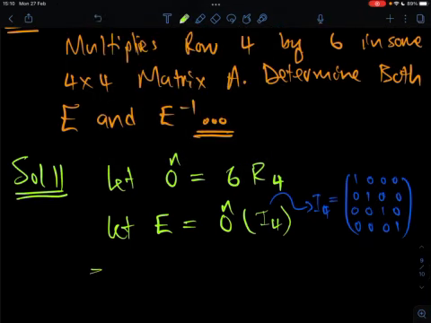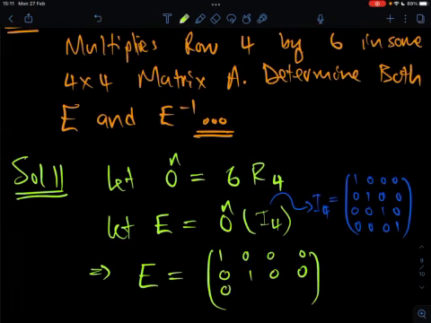E will become as follows: I take row 4 and multiply by 6, and I get 1 0 0 0, 0 1 0 0, 0 0 1 0, then 0 0 0 6. This is the operation that takes row 4 and multiplies it by 6.